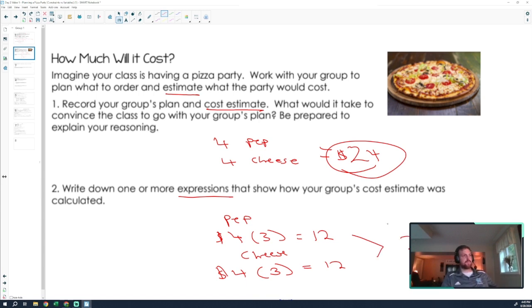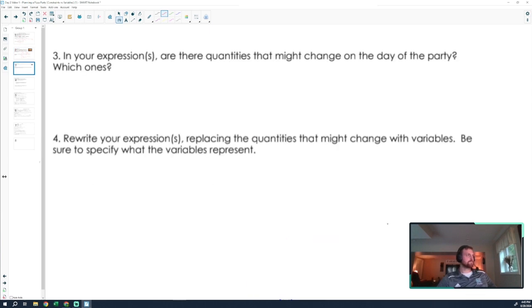Again, I'm making this up as I go. This is just another example of ways to understand how expressions work. So in your expressions, are there quantities that might change on the day of the party? Well, sure.